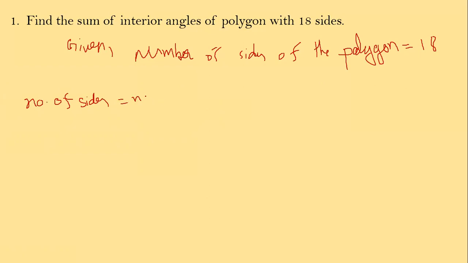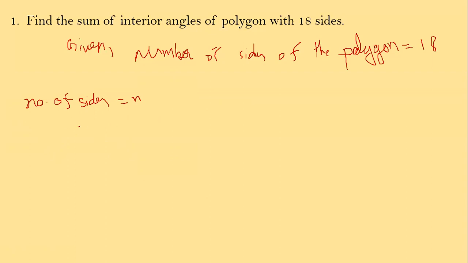Now, in our last video, we learned the formula for the sum of interior angles of a polygon. If you don't know the formula, I again suggest you go and watch that video.